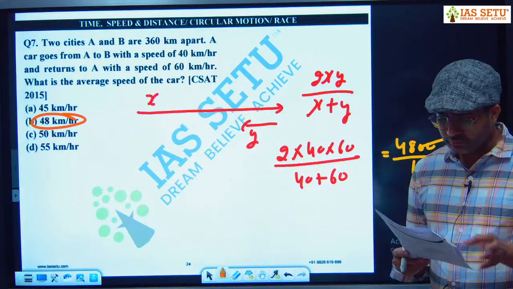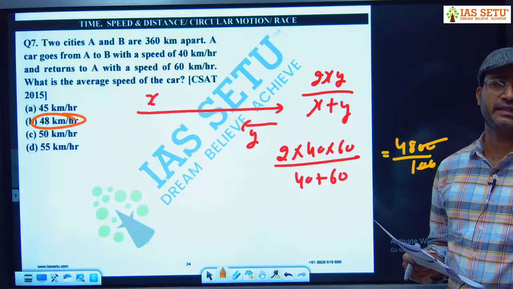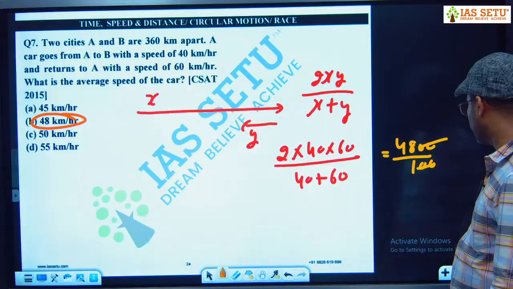Next. Question number 8 is a mix of time, speed, distance and DI. And I cover the DI concept.